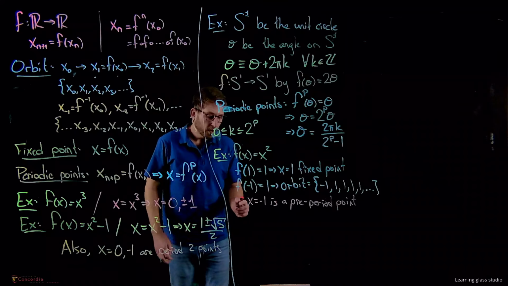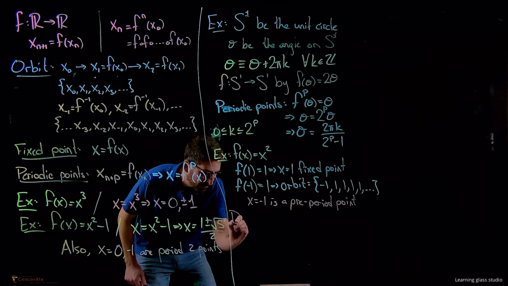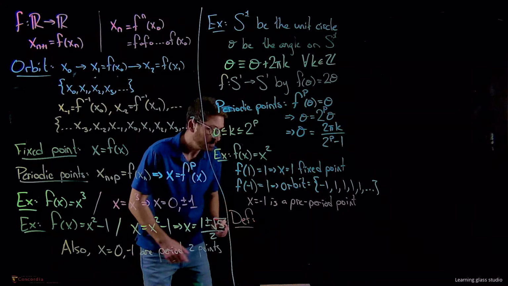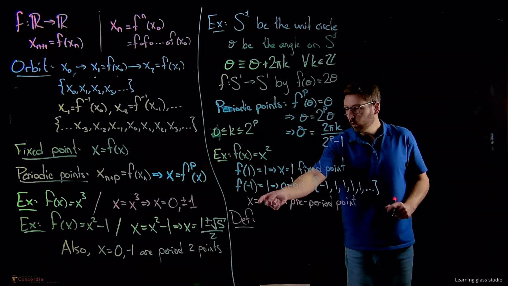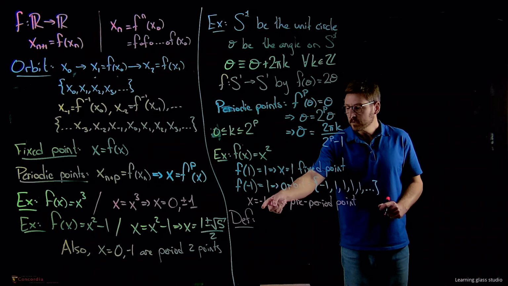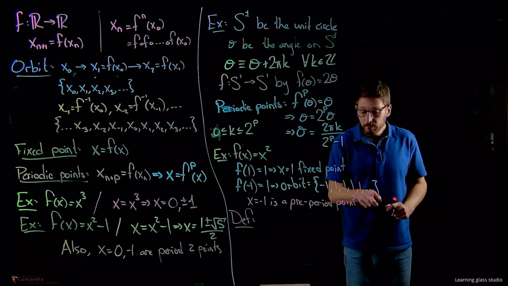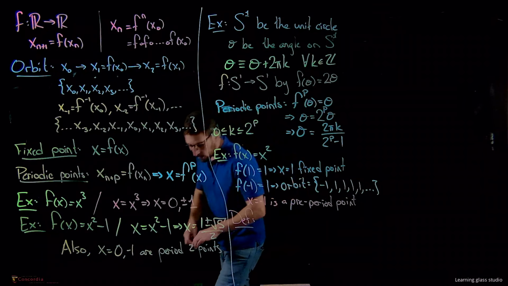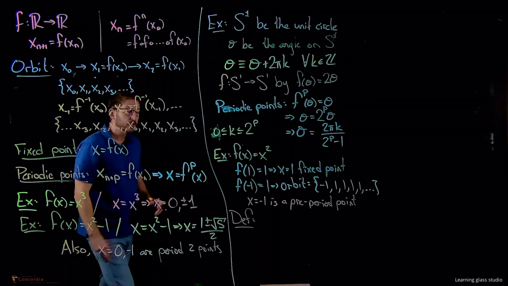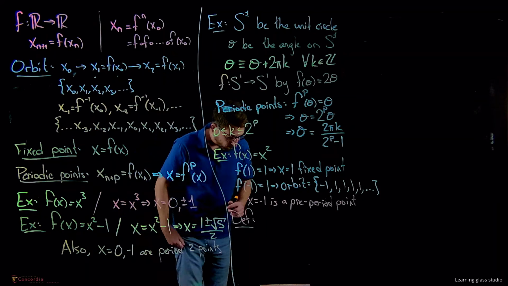We can also talk about a definition as we go through this, because one way you can think about this is that the orbit that starts at minus 1 converges to the fixed point at 1. With this notion of convergence, we can define what's called the stable manifold.